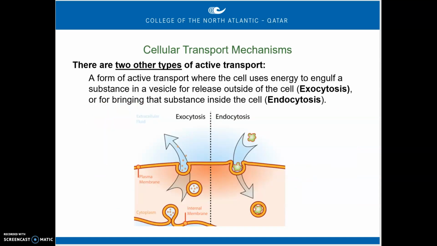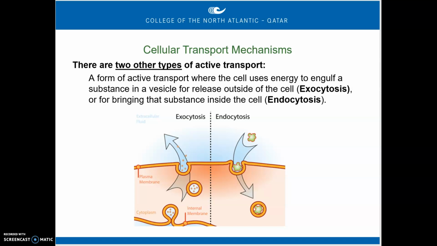We have two general forms of active transport. What they do is they allow us to actively transport things into the cell, and we call that endocytosis. So endocytosis, if you look on the picture down there in the slide, is when we actively move stuff inside the cell.